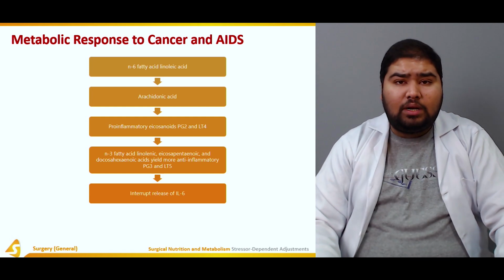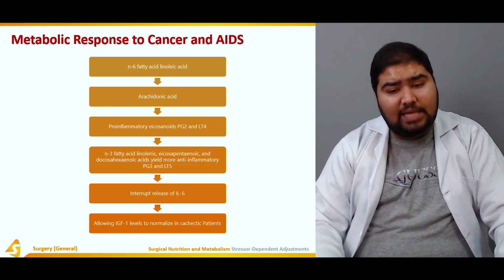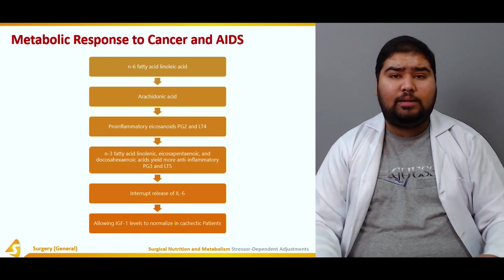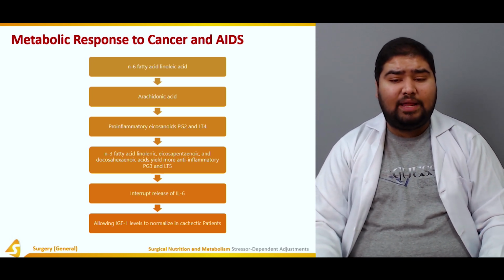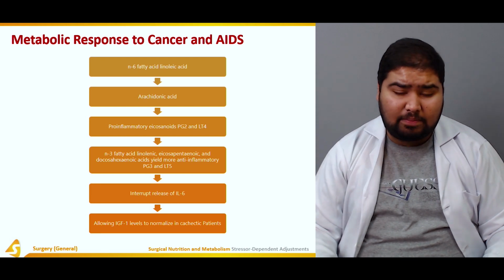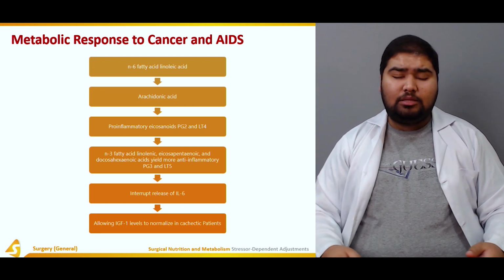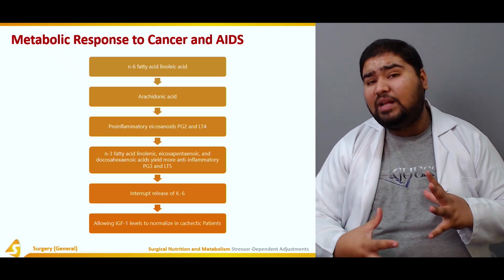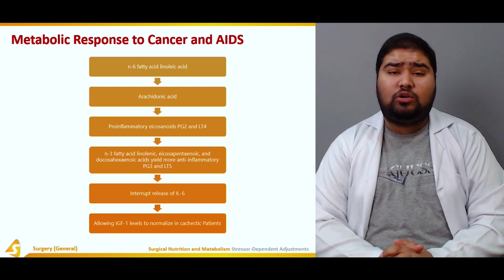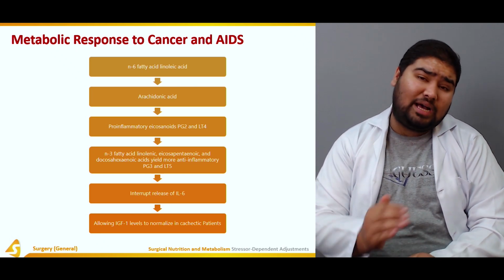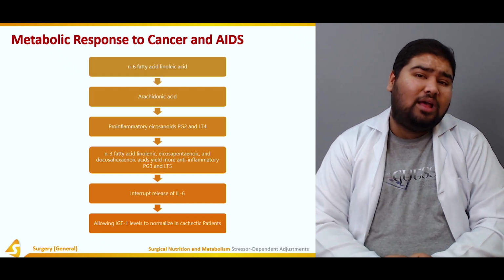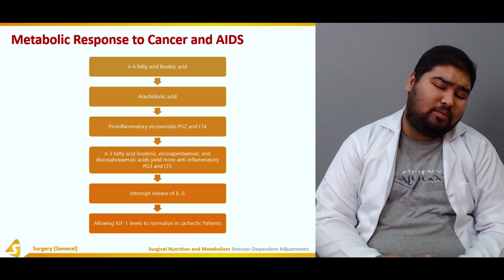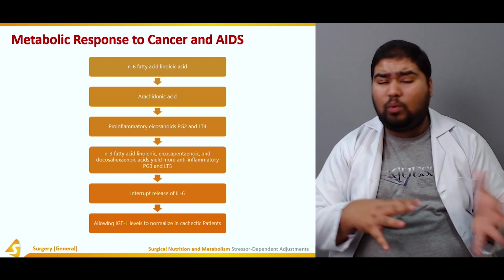They interrupt the release of interleukin 6, as a result of which this allows the insulin-like growth factor 1 levels to normalize in the cachexic patient, and this helps in recovery of these patients. However, it's a difficult case to manage because the chronic condition that underlies still stays there, and it somehow tends to come back one way or the other.